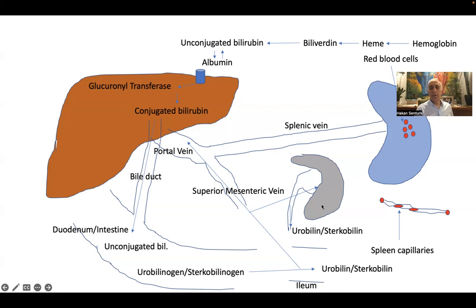But in Gilbert syndrome, urine urobilinogen level is completely normal. So with this examination, you can differentiate between hyperbilirubinemia due to hemolysis and hyperbilirubinemia due to Gilbert's syndrome.